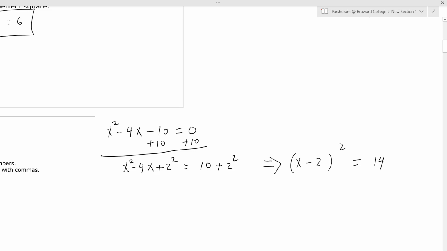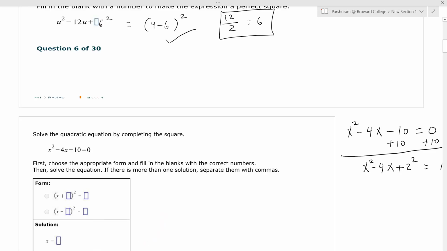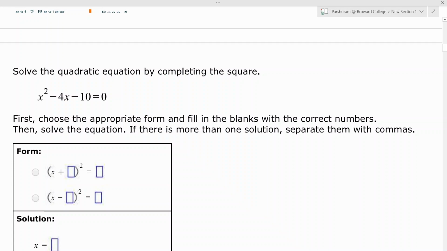That's our first work here to fill out. This would be our option, x minus 2 squared equals 14. And now we need to use the square root property and solve this equation. So x minus 2 squared equals 14, and if we use the square root property, it gives us x minus 2 equals plus or minus square root of 14.